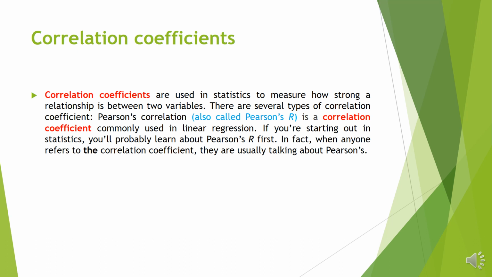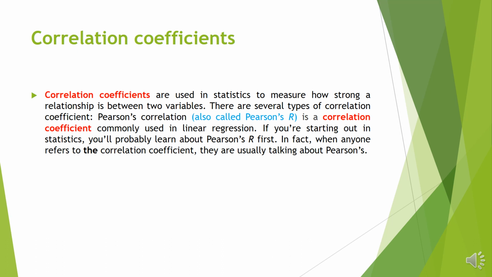Correlation coefficients. Let's start from the definition. Correlation coefficients are used in statistics to measure how strong a relationship is between two variables. There are several types of the correlation coefficients. Pearson correlation, also called the Pearson R, is a correlation coefficient commonly used in linear regression.